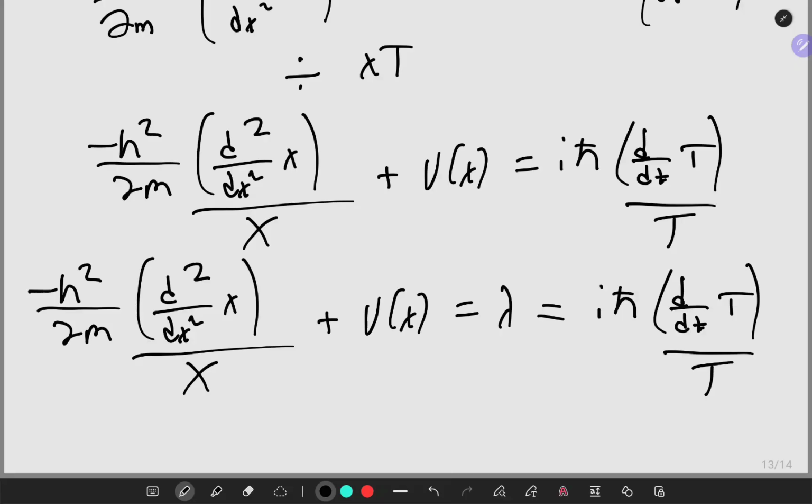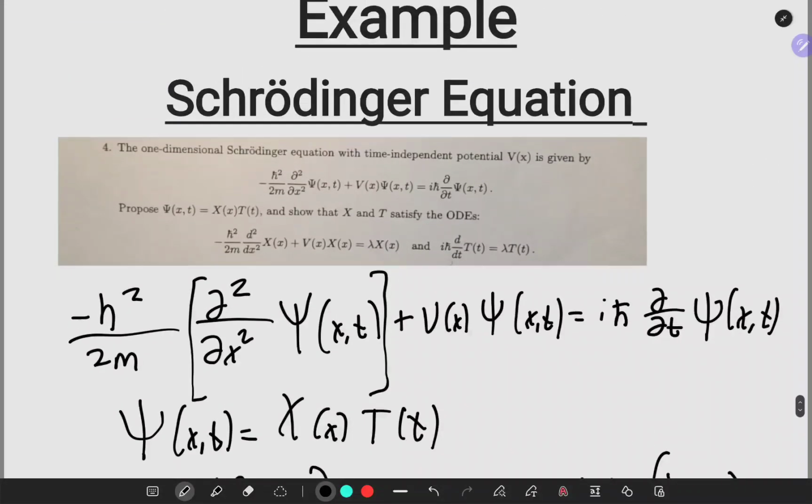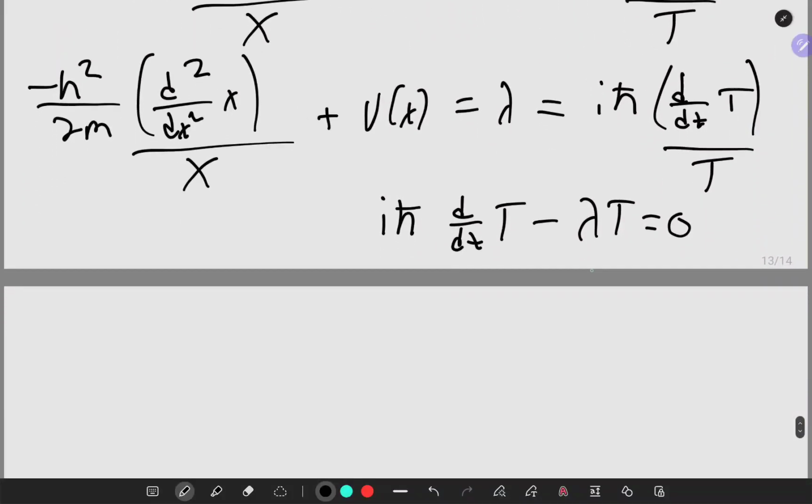Then after we do that, well, we have one of our equations: i h bar times d dt of T minus lambda T is equal to 0. Oh, they keep that on the other side. Right, so that's one equation.